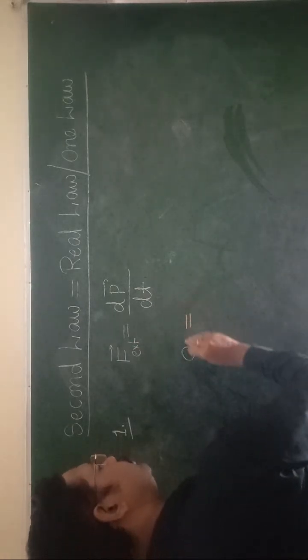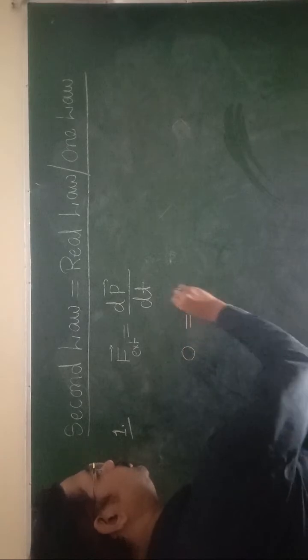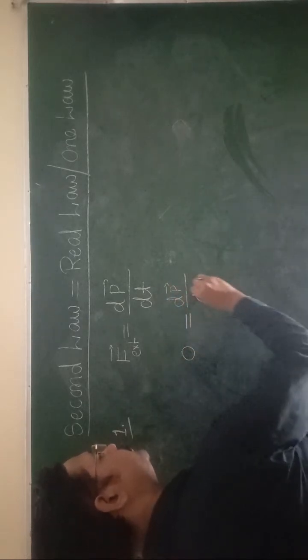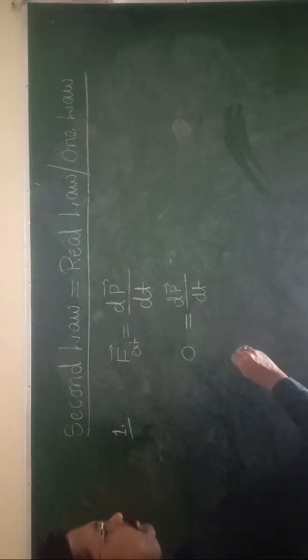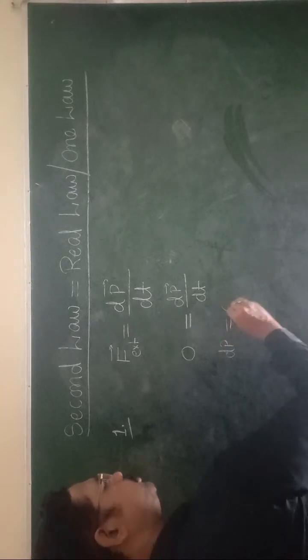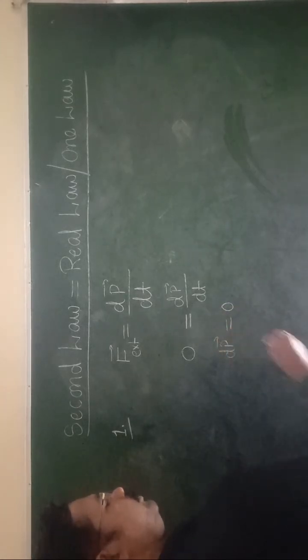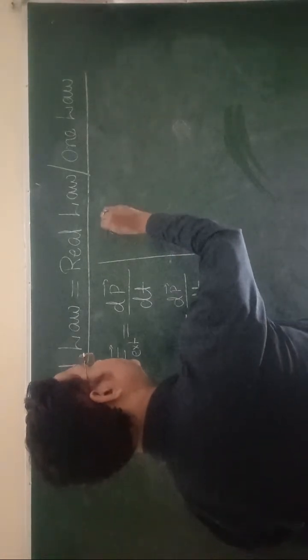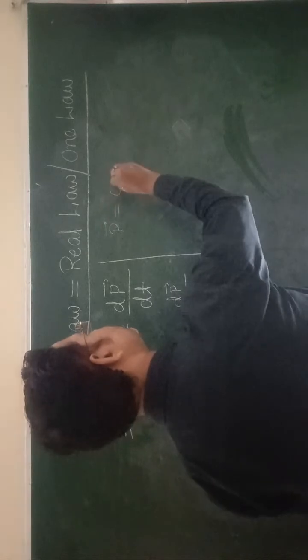Then dp upon dt is telling that dp is equal to 0. It means here momentum is basically constant.